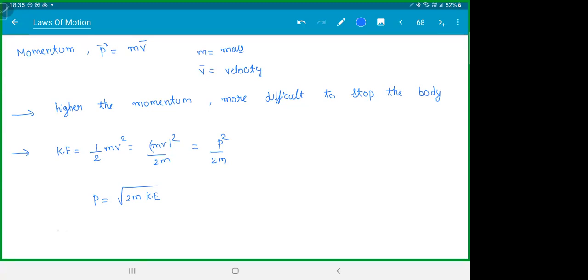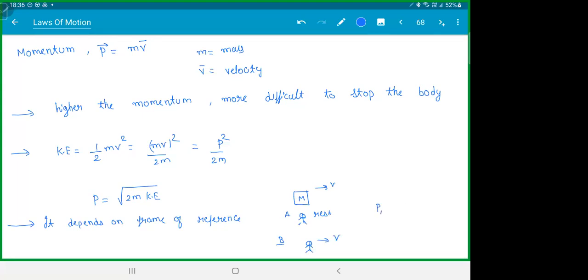And momentum also depends on the frame of reference. Meaning, if a block of mass m is going with speed v, we have person A who is at rest, and person B who is traveling with v.